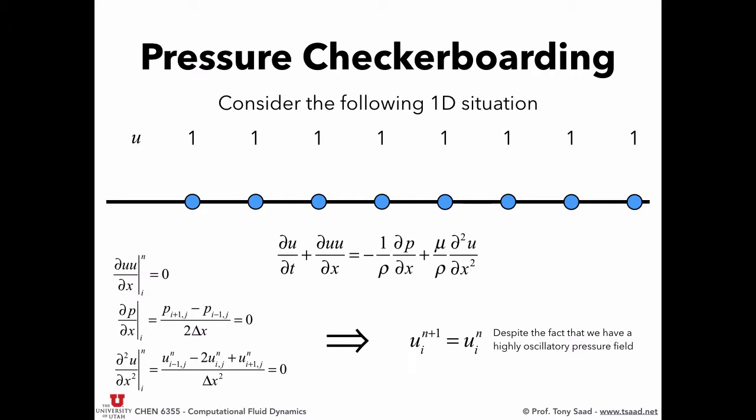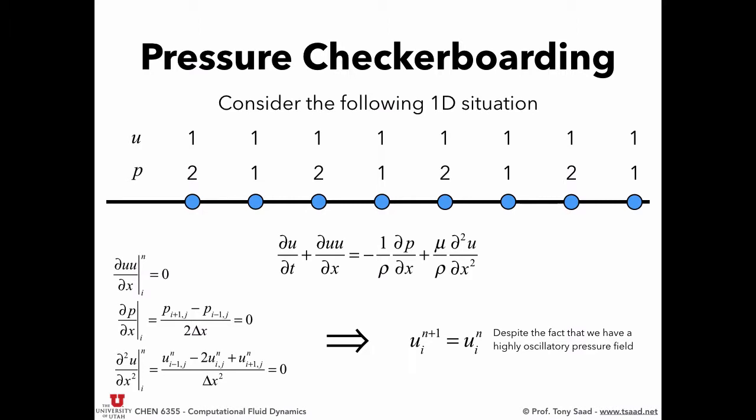Imagine it's 1 or 10 or 7, whatever, at all grid points. And also imagine somehow your pressure is oscillatory in this sense: 2, 1, 2, 1, 2, 1, 2, 1. Could be whatever value, as long as every other point is the same.